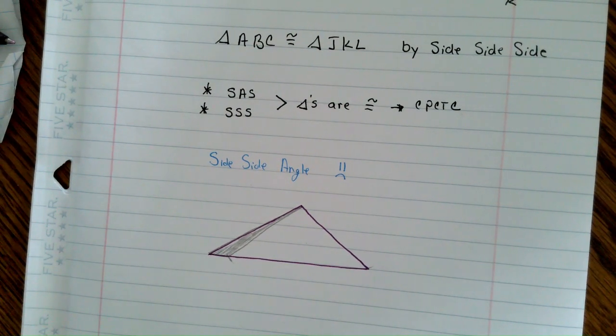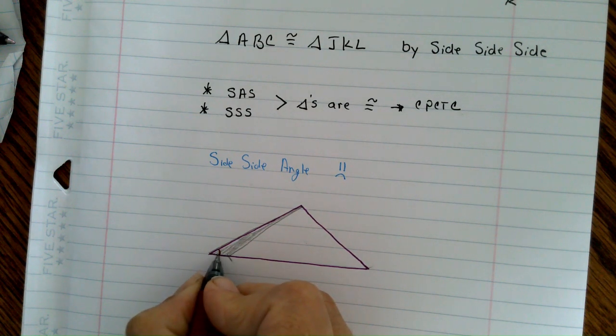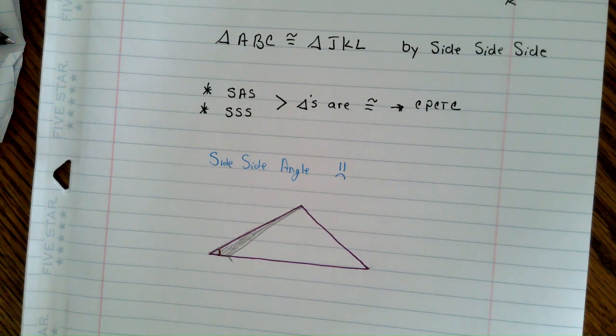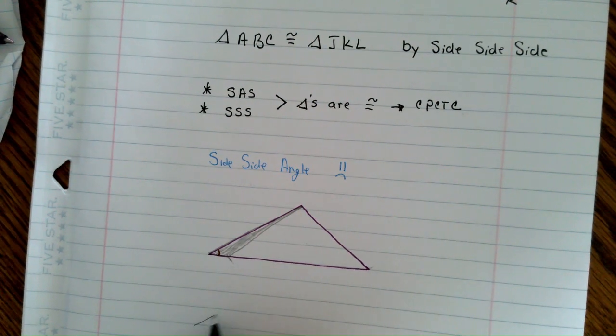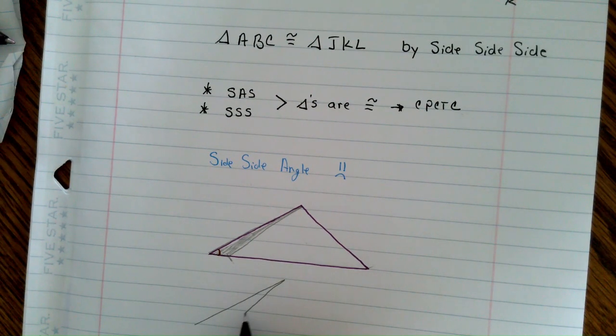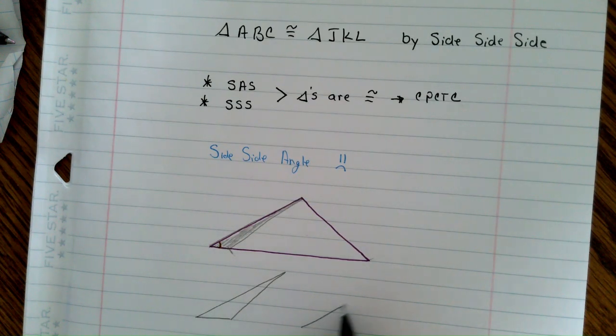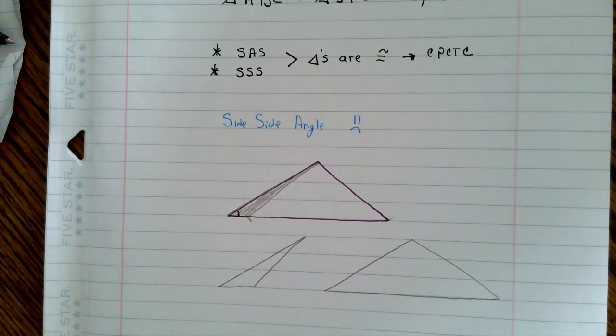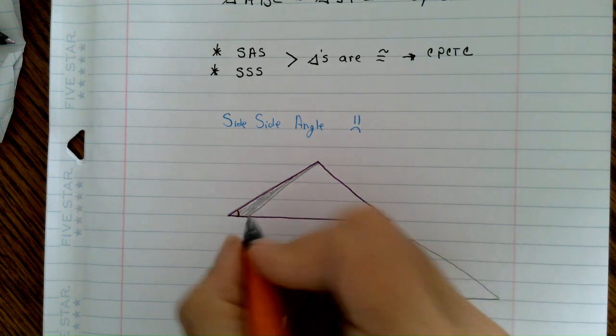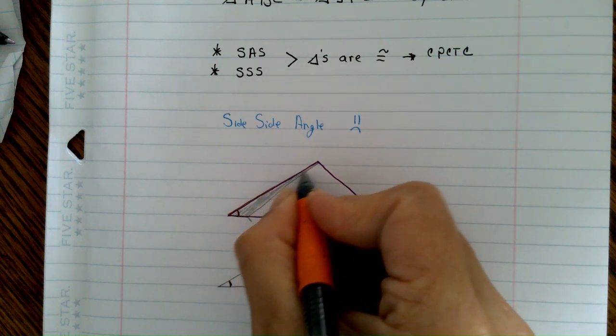I think we can all agree that this angle occurs in the big triangle and the shaded triangle. I'm going to draw them separately here as well. Okay, so that would be the angle. And I think we can all agree that both the big triangle and the little triangle share this side.